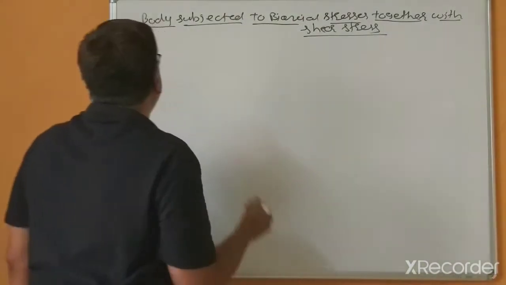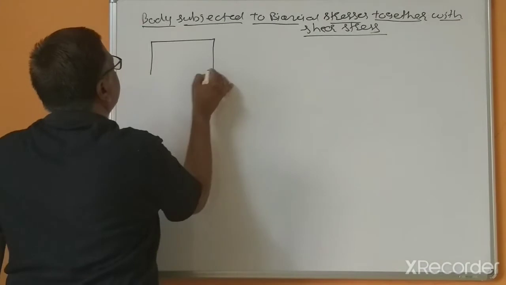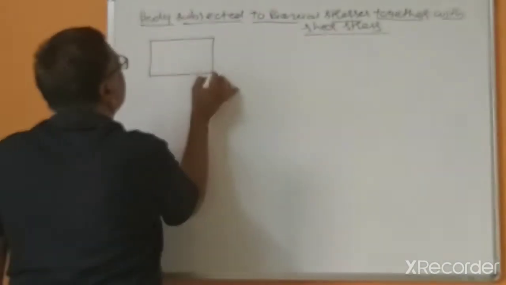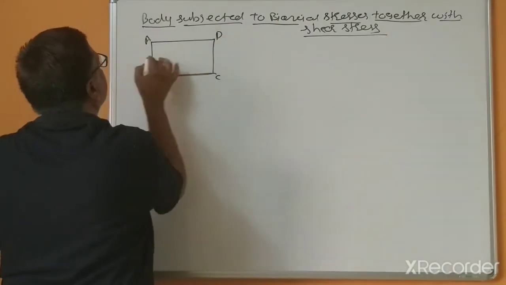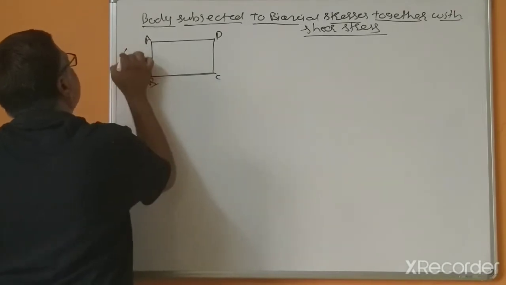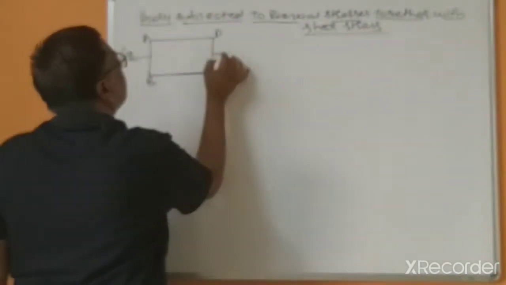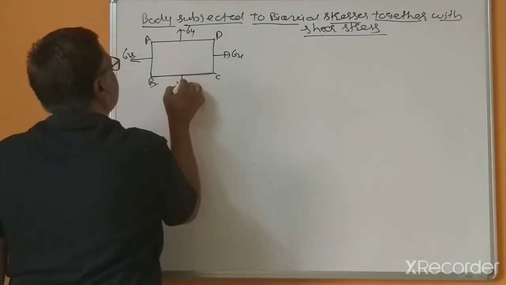So consider a body. Suppose this is a rectangular body ABCD having unit thickness. So this is A, B, C, D. This is sigma x, sigma x, sigma y, sigma y.